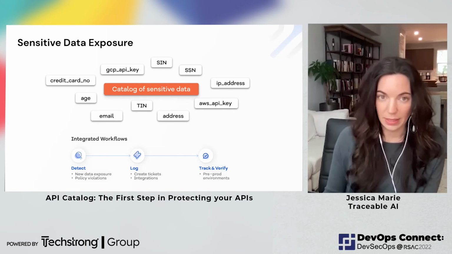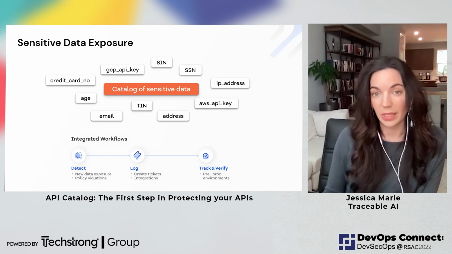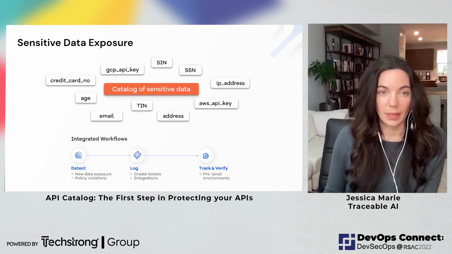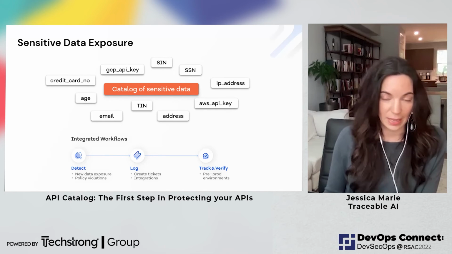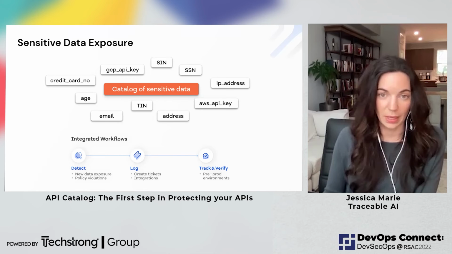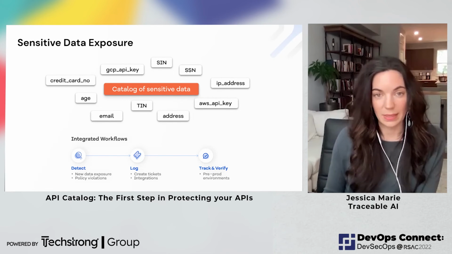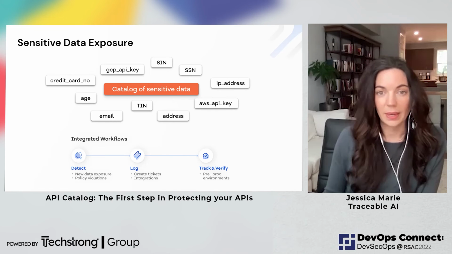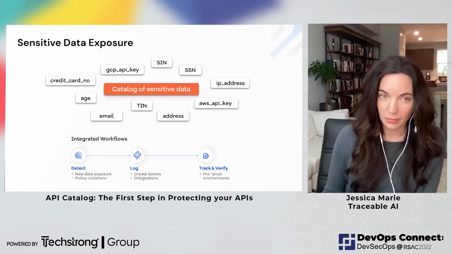So in a situation like this, you need to have the ability to analyze usage and sensitive data for each API endpoint to identify where sensitive data flows end to end across those APIs, and then be able to track the flow of sensitive data to identify how it got to those unexpected destinations.